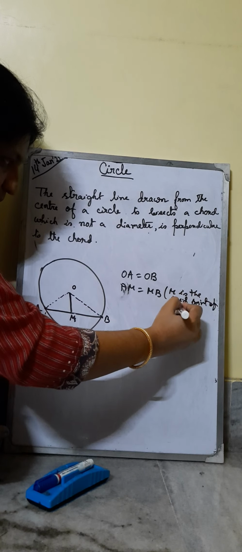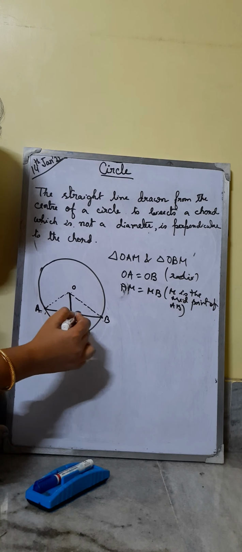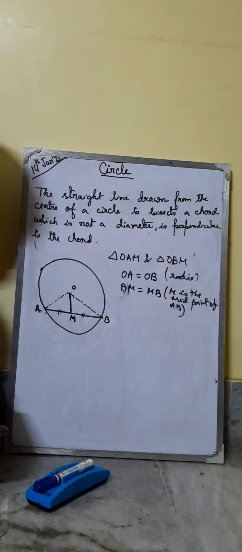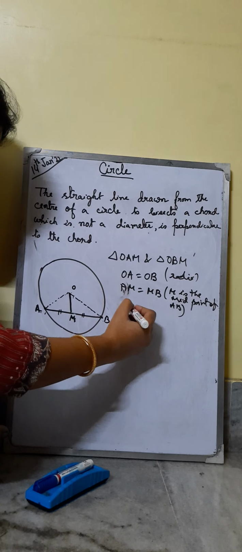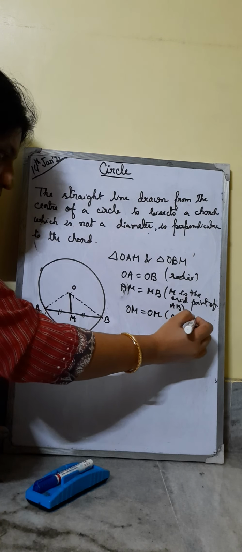Okay. Now the third property is what? If we take both these triangles, triangle OAM and triangle OBM, what is common between these two triangles? OA equals OB, AM equals MB, because M is the midpoint of AB, and OM is equal to OM because this is common in both the triangles.